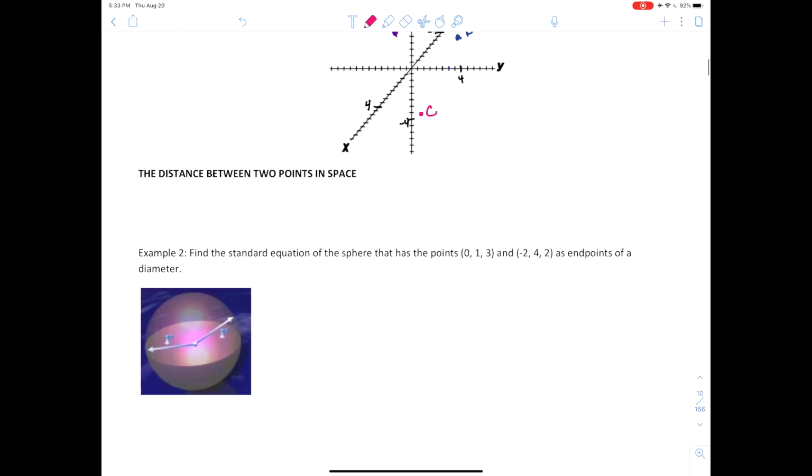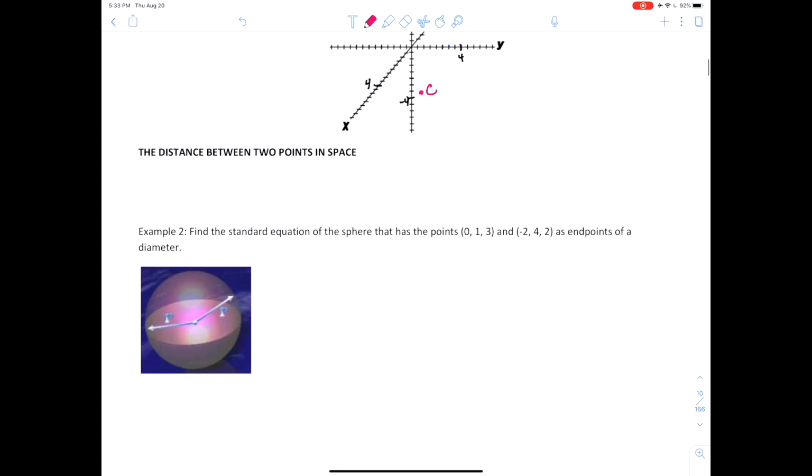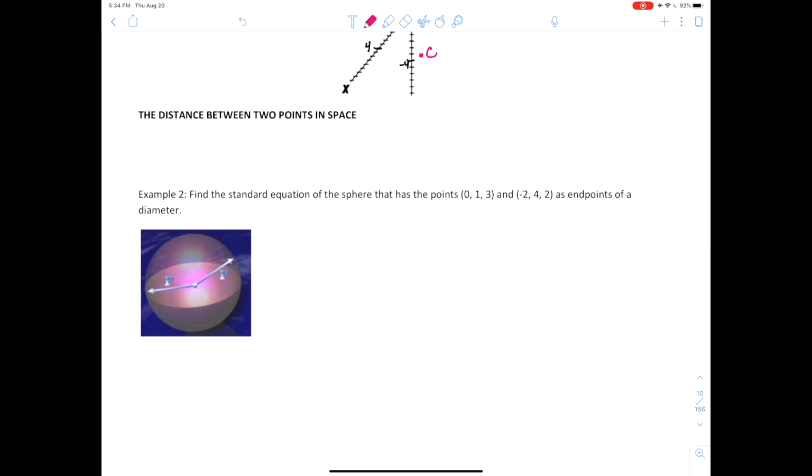So now the main thing is to make a rectangle with your first two, and then figure out where to go up from there. So the distance between 2 points in space is basically just an extension of the distance formula for the plane.